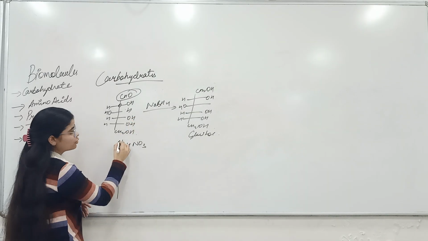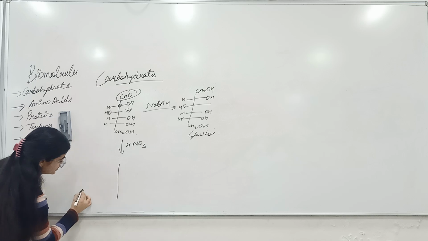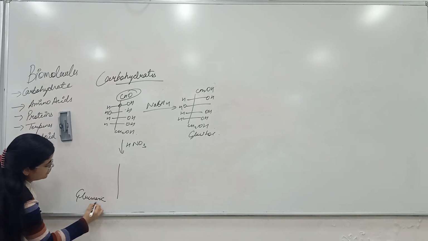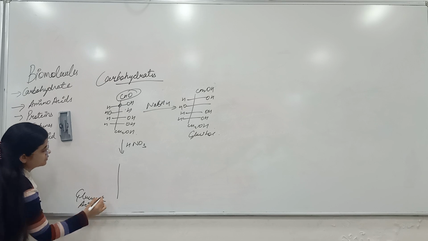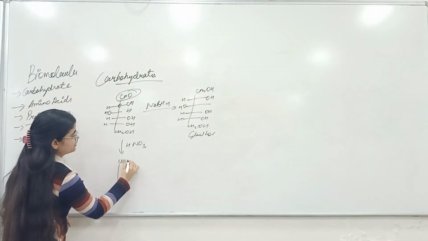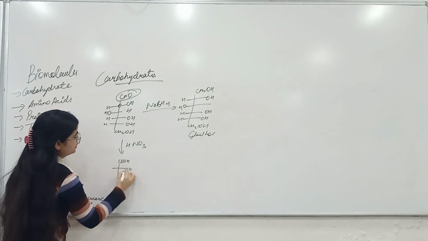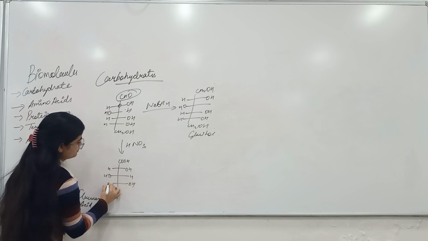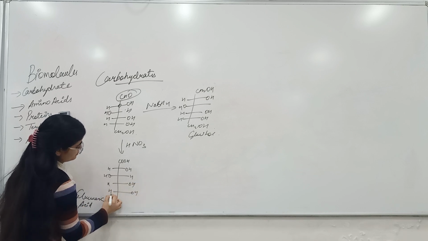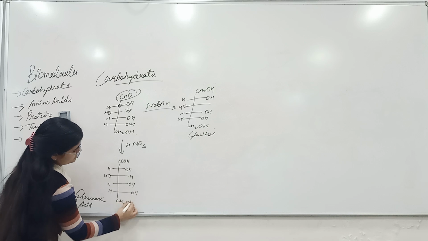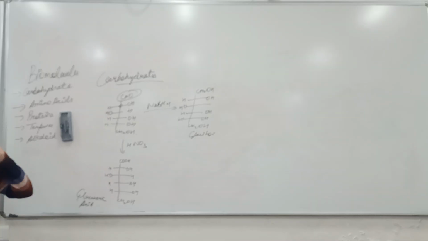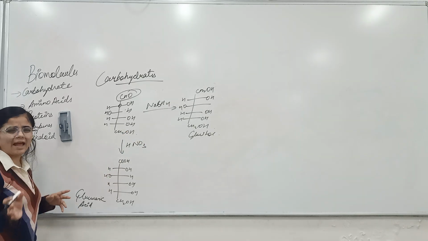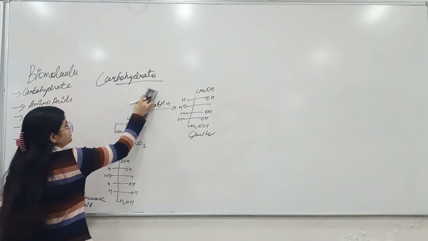That is, glucose is getting converted to glucaric acid. The aldehyde is getting converted to COOH, keeping the other notations the same. This is our glucaric acid. So this is how we do the reduction and oxidation of glucose or any monosaccharide unit.